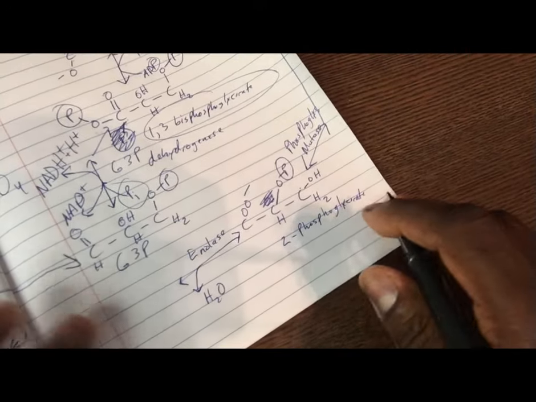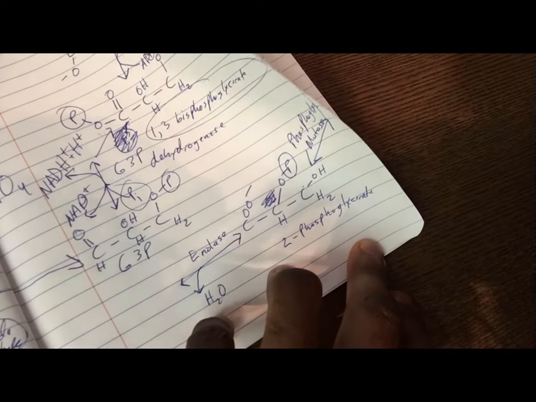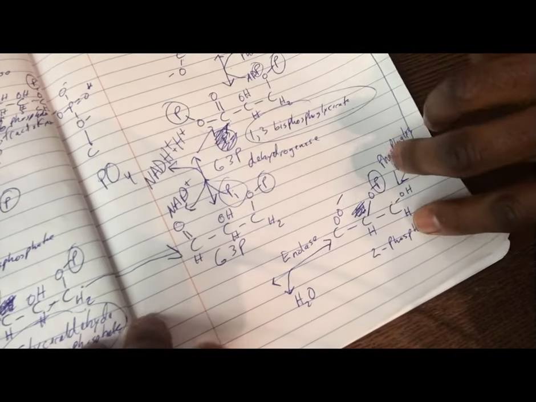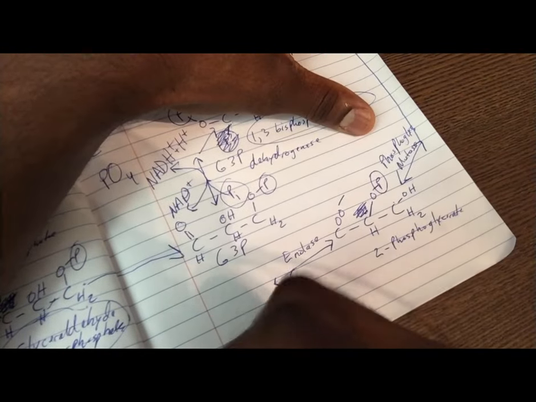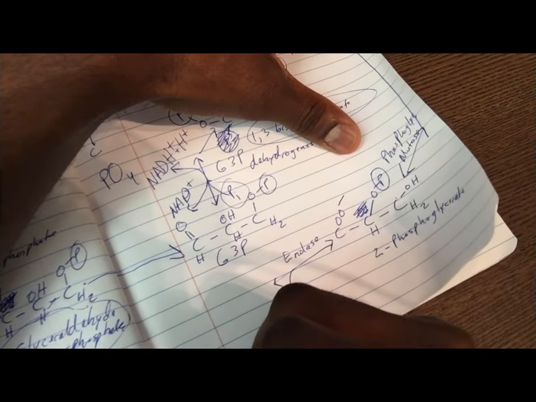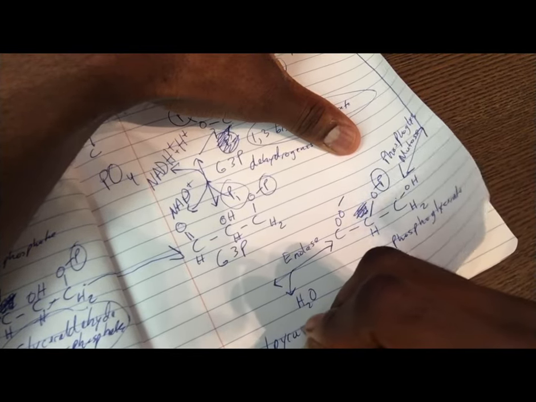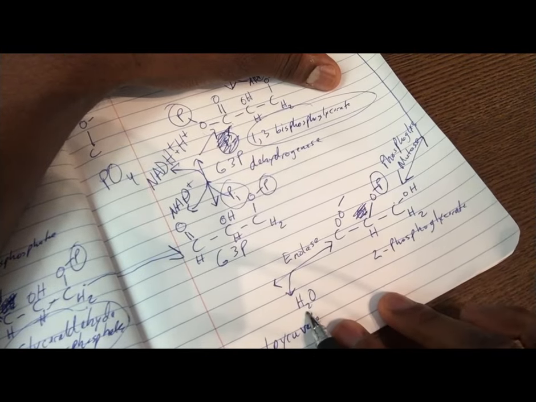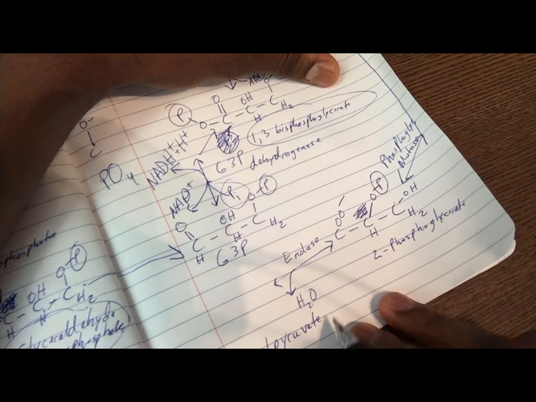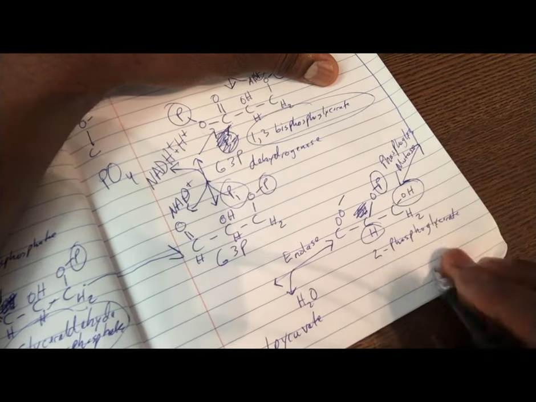We'll form PEP, phosphoenolpyruvate, enol pyruvate. Now the question is, where do we get these hydrogens and then the oxygen? Pretty easy. You get it from this hydroxyl group, and also from this hydrogen here.